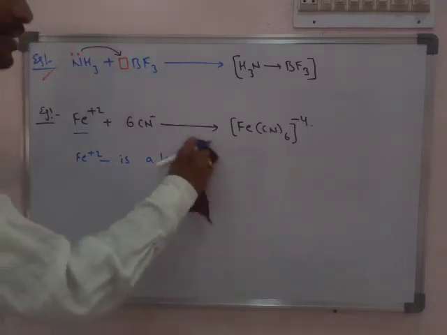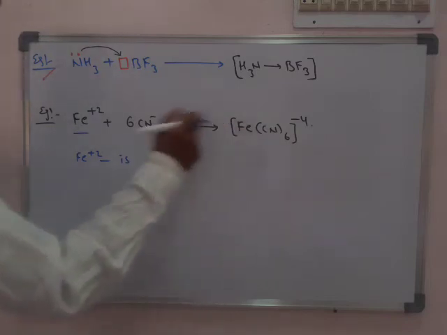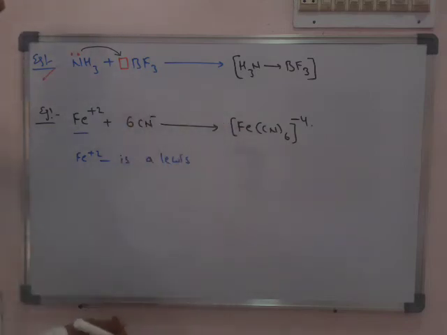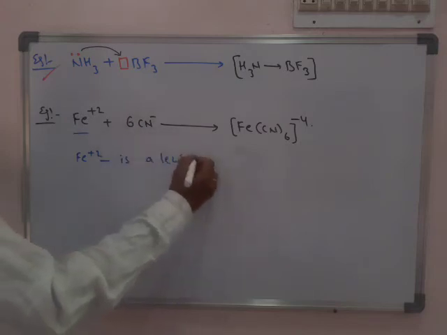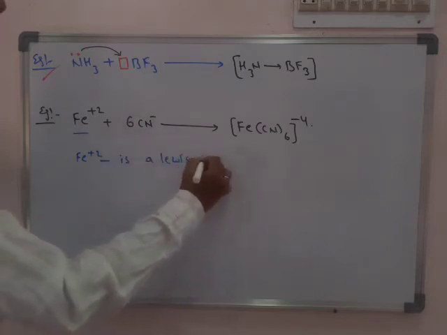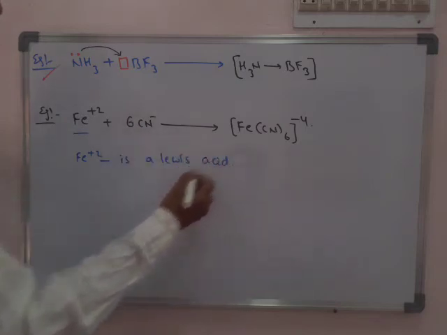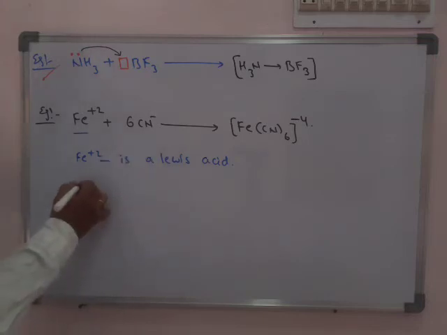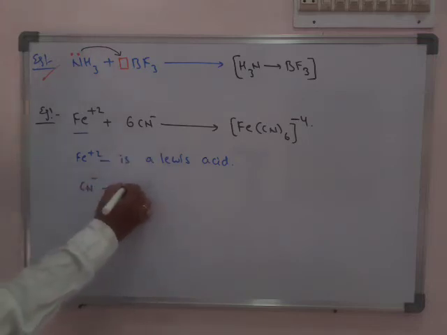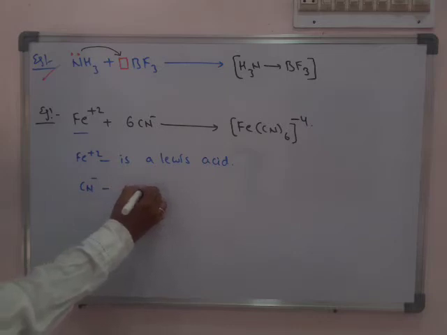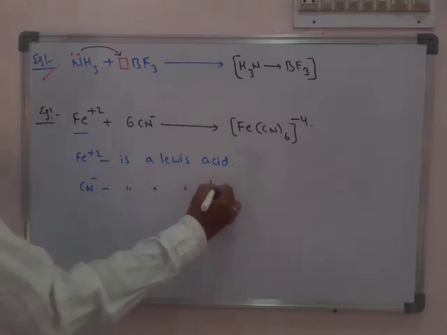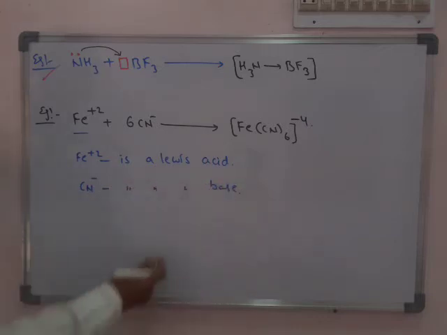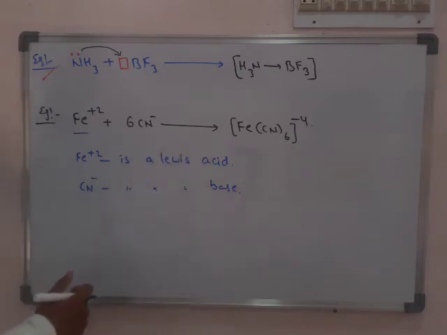It accepted the electron pairs. Actually, it accepted 6 electron pairs individually donated by 6 cyanides. So it is a Lewis acid as it accepts 6 pairs of electrons. Next, CN minus is a Lewis base as it donates 1 electron pair.